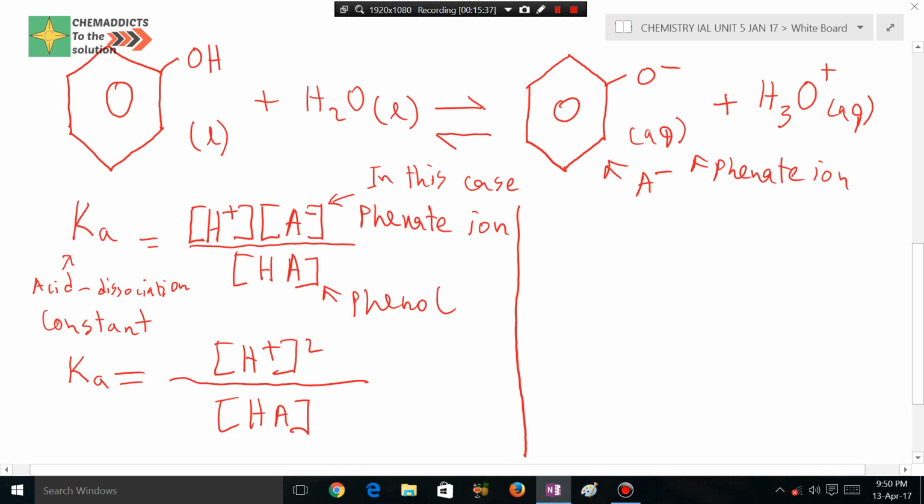Now let's discuss the assumptions that we have made. The first assumption is that the concentration of H plus is equivalent to the concentration of phenate ion.